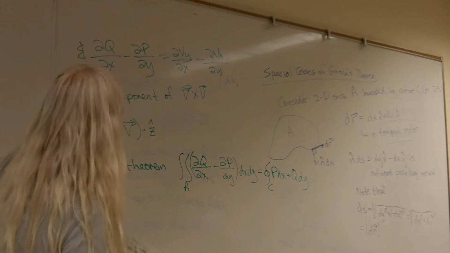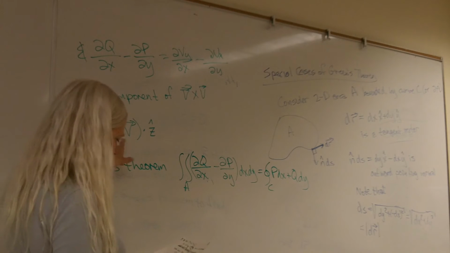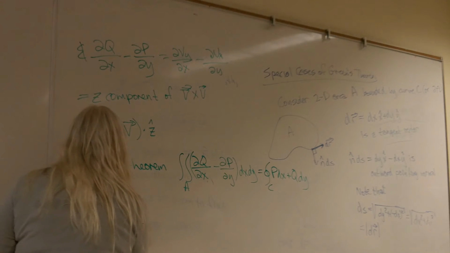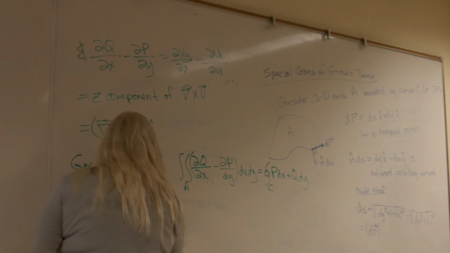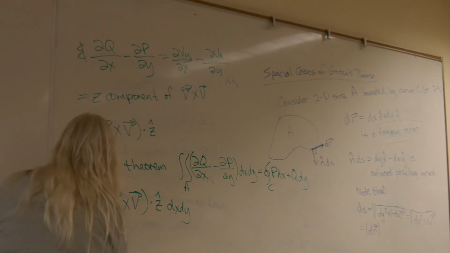So now on the left-hand side, the integrand has become this right here. So on the left-hand side, we're taking the curl of v, dotting it into z hat, and then integrating over x and y.